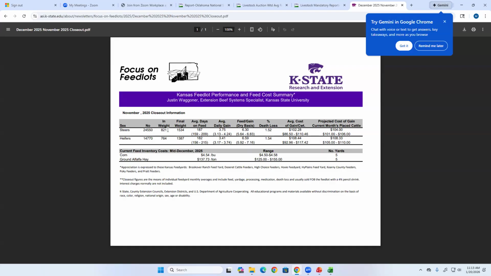And then they project out the cost of gain for cattle if they were placed into the feed yard the month of December. And that is based off of solely corn price. Okay, we'll look at that later.